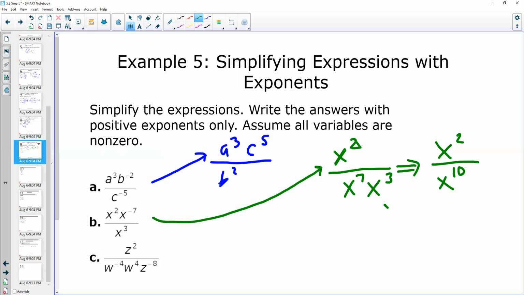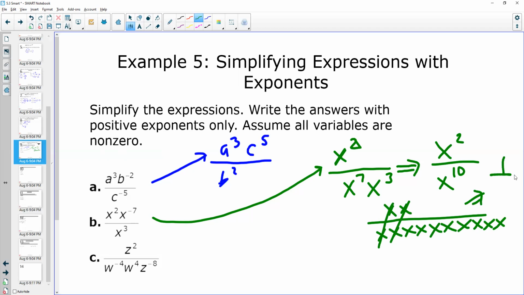So really the way I'm going to think about it is I have 2 x's on the top and I have 10 on the bottom. 1, 2, 3, 4, 6, 10. And so I'm going to cancel those. What's left is 1 over x to the 8th in the denominator, right? Because that's where the most x's are left.